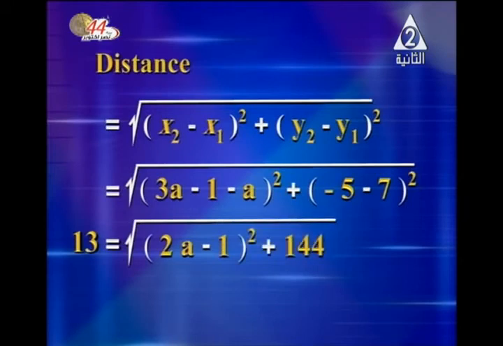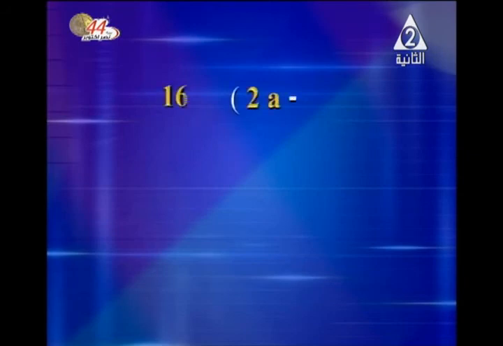What about 3a minus a? It's 2a minus 1 all to the power of 2 plus negative 5 minus 7 means negative 12 all to the power of 2 give 144.